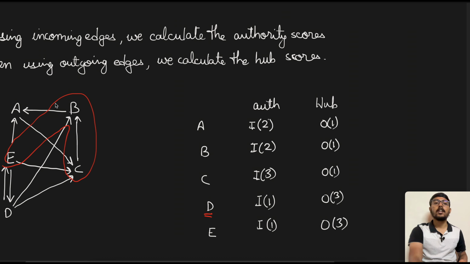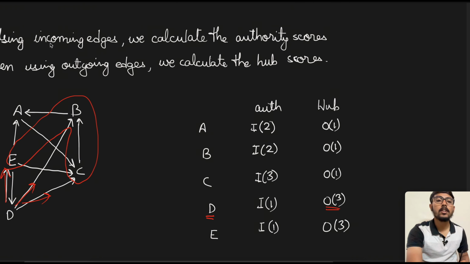All these 3. So the hub score for D, remember this is the hub score that we are calculating, since the nodes are coming out of D. D is kind of telling us that the information is present in E, B and C. So its hub score is 3.